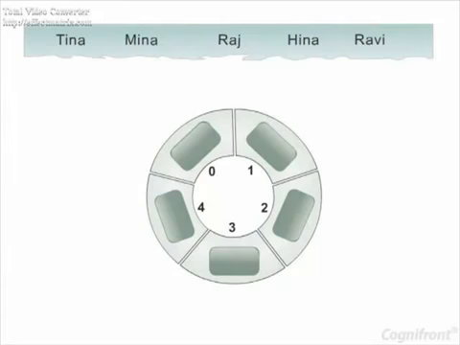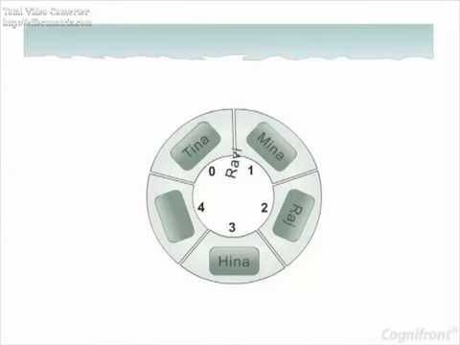To understand this, consider an example that a queue consists of names Tina, Meena, Raj, Hina and Ravi. So the circular queue is represented like this. Here in this queue, front is at name Tina and rear is at name Ravi.